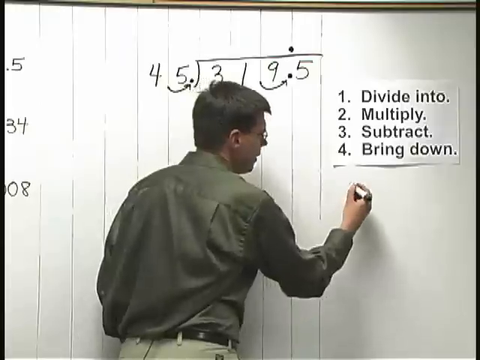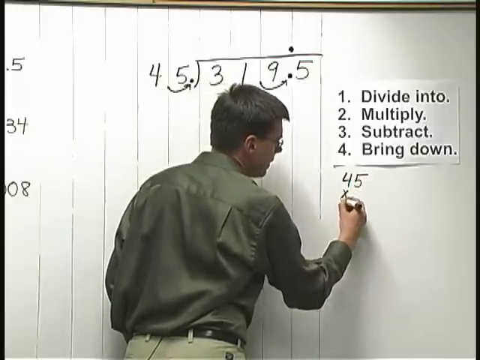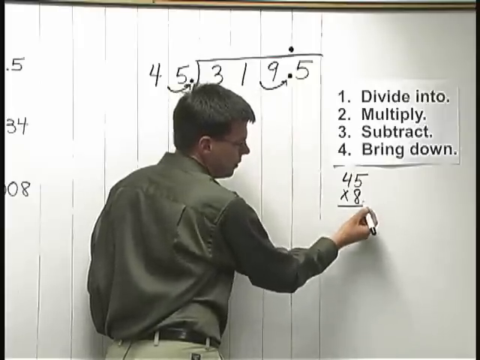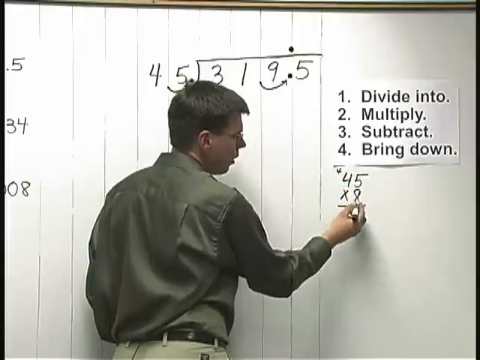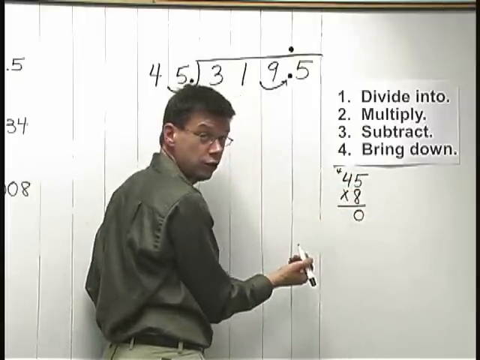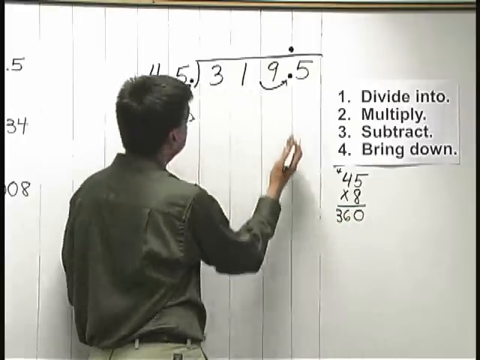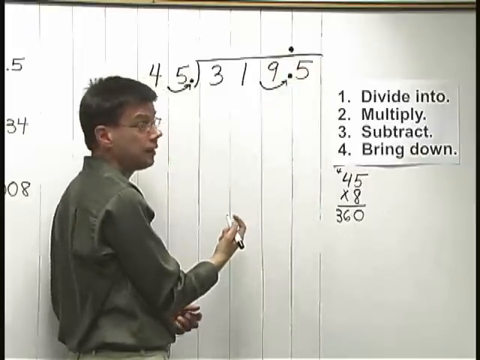I'm just going to make a guess here and try 45 times 8. 8 times 5 is 40. Write the 0, carry the 4. 8 times 4 is 32, plus 4 is 36. I get 360. Well, that's too big. That's bigger than 319.